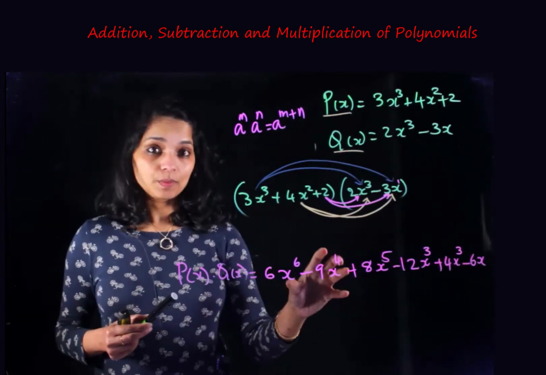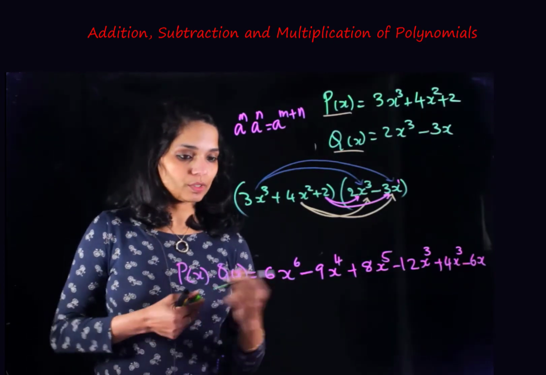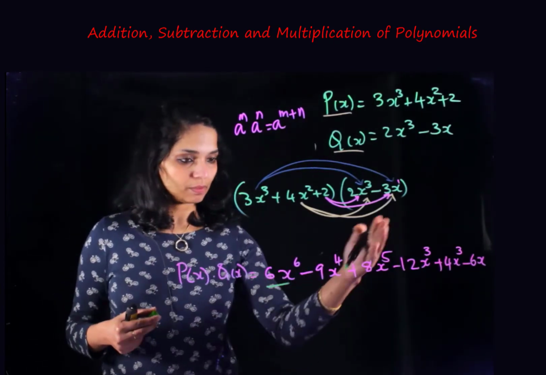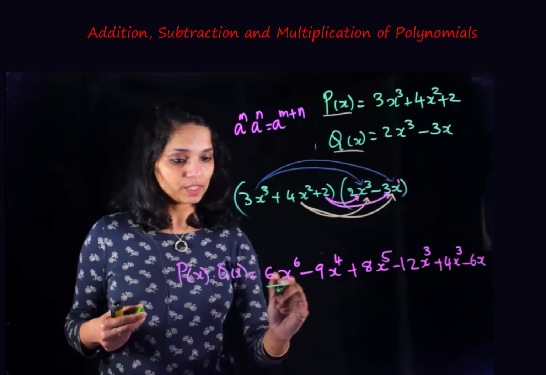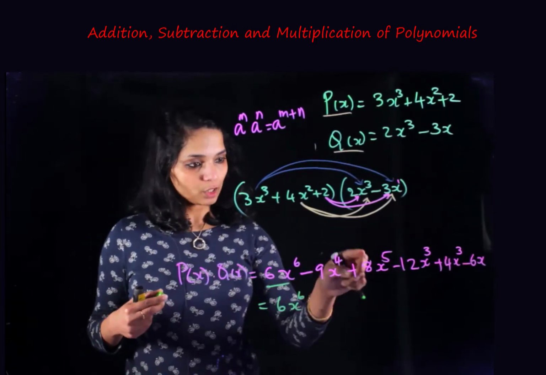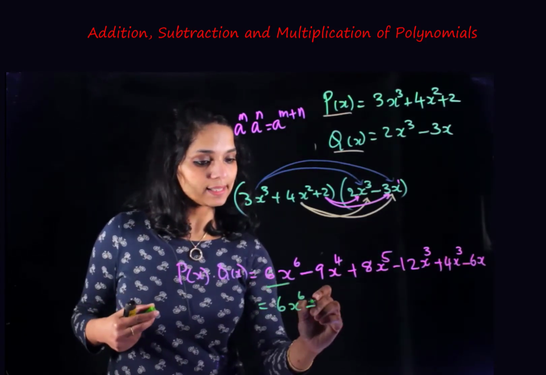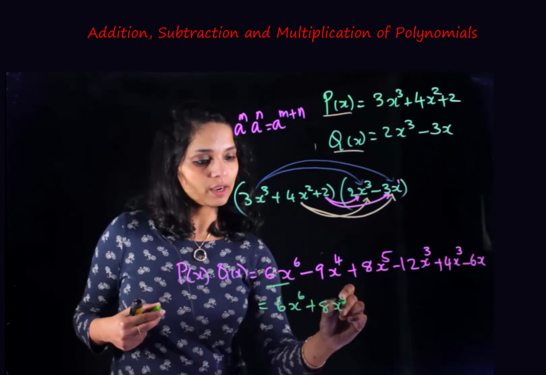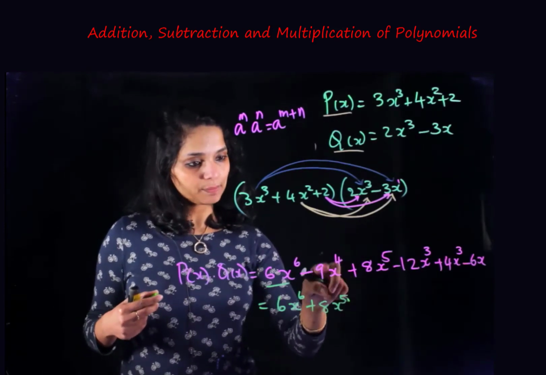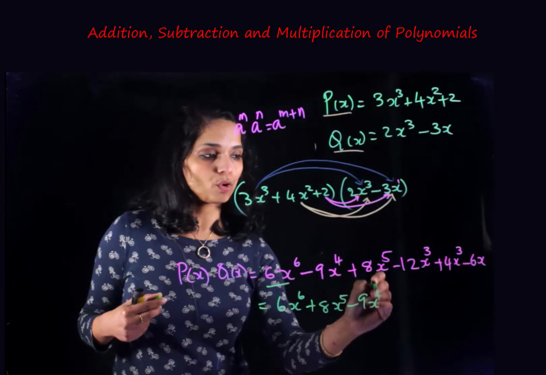So once we've done this much, we need to collect the like terms and then simplify them. There's only one term with x to the power 6, so we can write it as 6x⁶. Next, look for any terms with x to the power 5. It's only one, so it's plus 8x⁵. Look for any terms with x to the power 4, which is only one, minus 9x⁴.